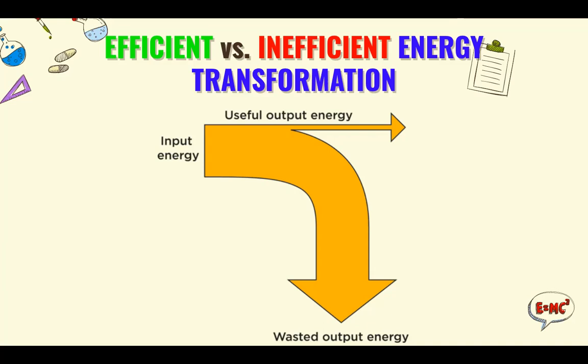So that's not efficient because all of the energy that I put in is not being converted to useful energy. It is not being converted and used as I would like it to be used. It's being lost in the form of heat, possibly. And no, it's not being destroyed, but it's being lost in the universe.